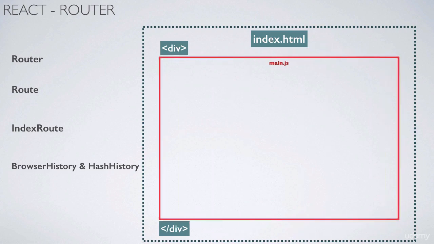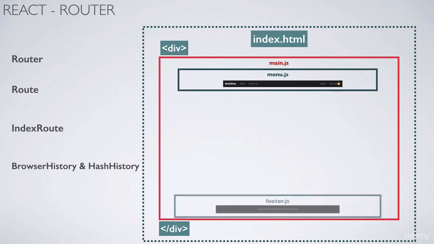The first component that is passed to the HTML is our main component, which works as a container for all other components in our single-page application. We didn't write our main component yet, but soon we will do it. Inside the main component, we will have two static components, a menu bar and a footer that will always be visible and accessible in any part of our application.